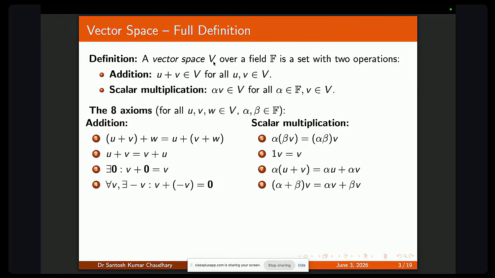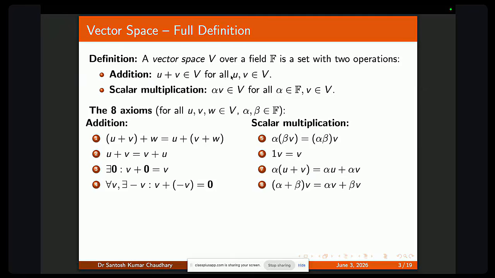Elements of V will be called vectors, and elements of set F will be called scalars. A vector space V over a field F is a set with 2 operations, addition and scalar multiplication. These 2 are operations on a set over a field F. The field F is important because that is the set from which you choose the scalars.